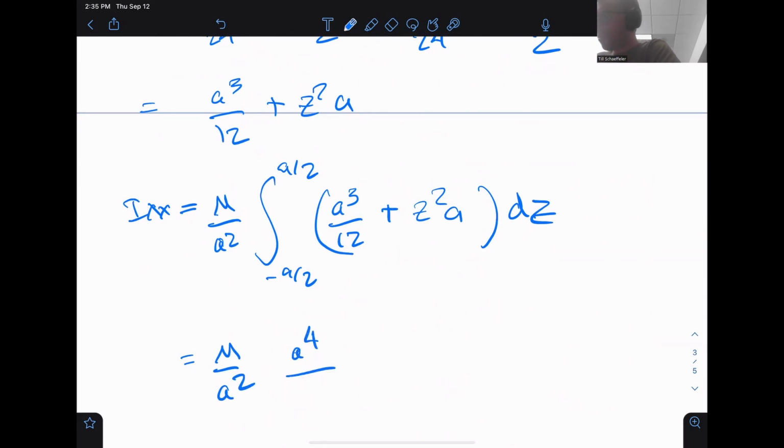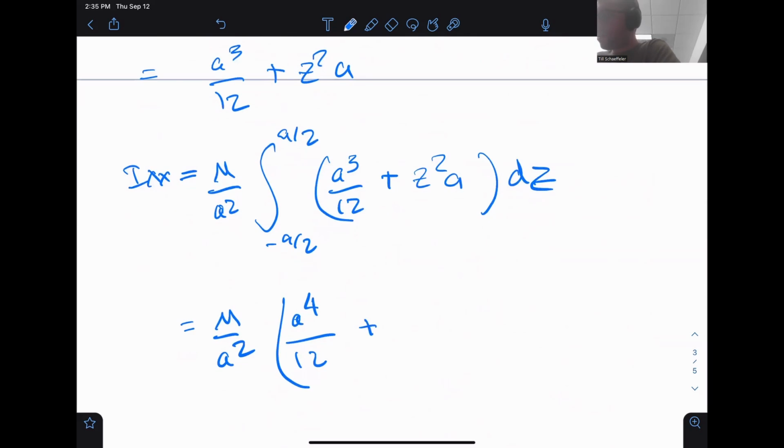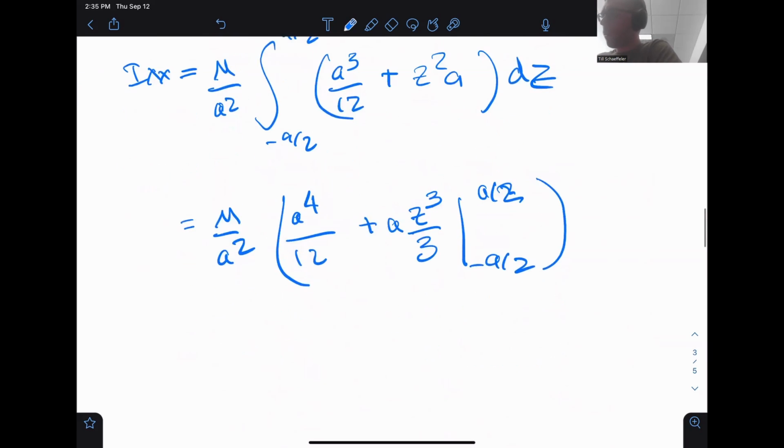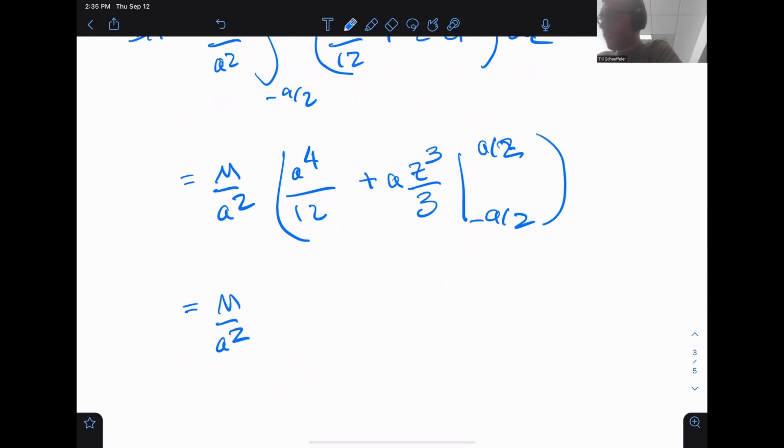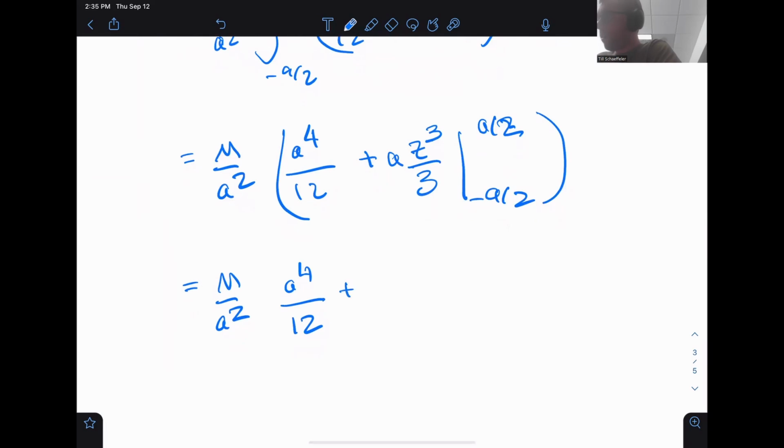It's going to be a to the 4th over 12 plus z cubed over 3, that's a cubed over 8 minus negative a cubed over 8.